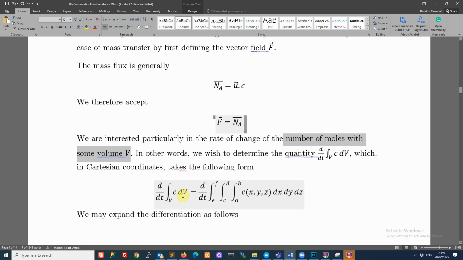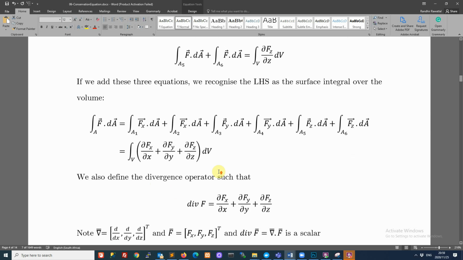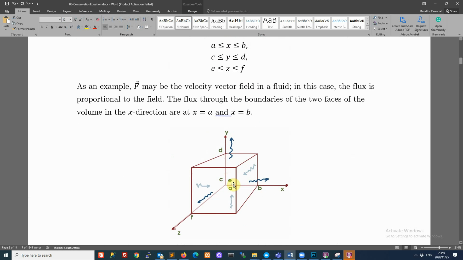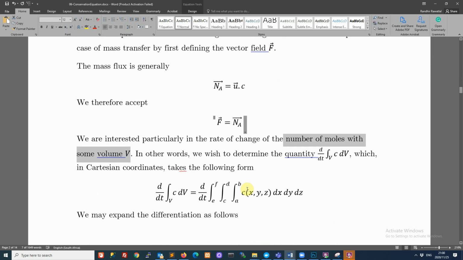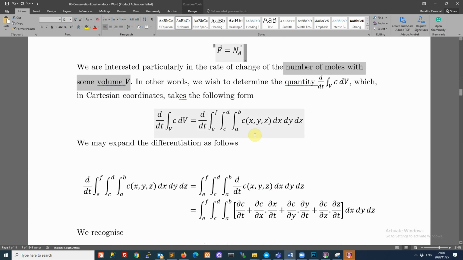Now, if the volume is more specific, if it was this rectangular volume that we showed here, then the integration through the volume can also be written in terms of integrations in each direction, x, y, and z. So we can expand this integral in volume as integrations in each dimension.